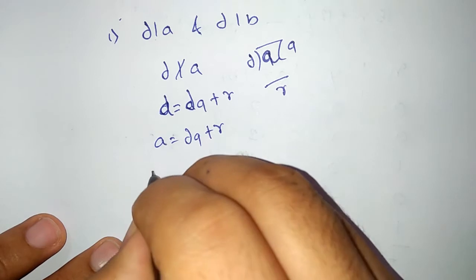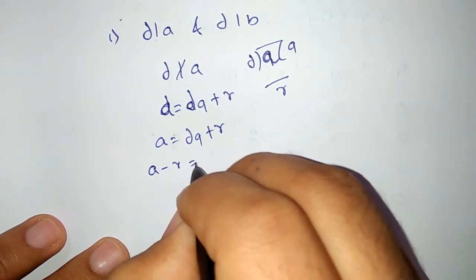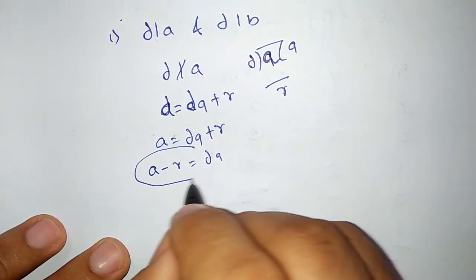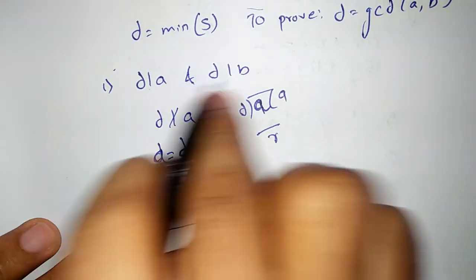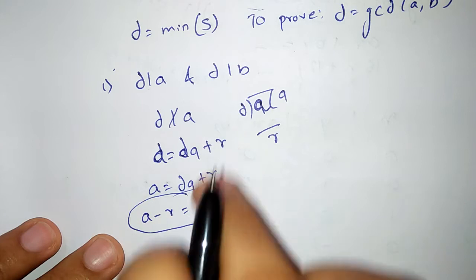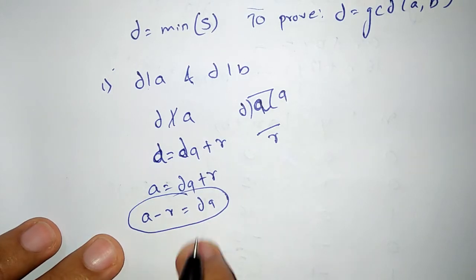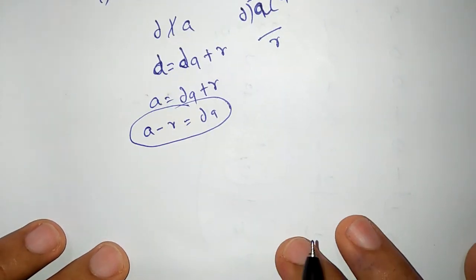That is, when you divide A by D, q is the quotient and you produce some remainder r. Or you can write it as A minus r is equal to dq.